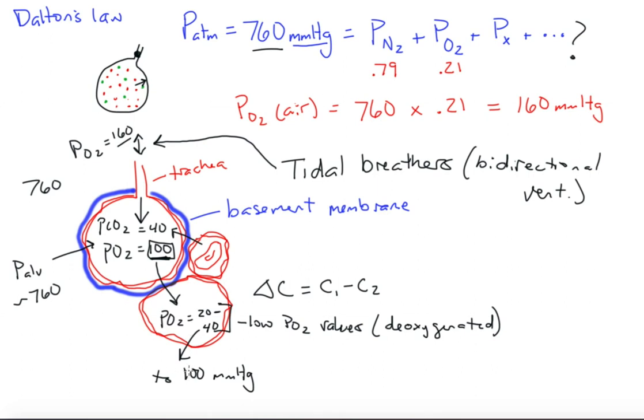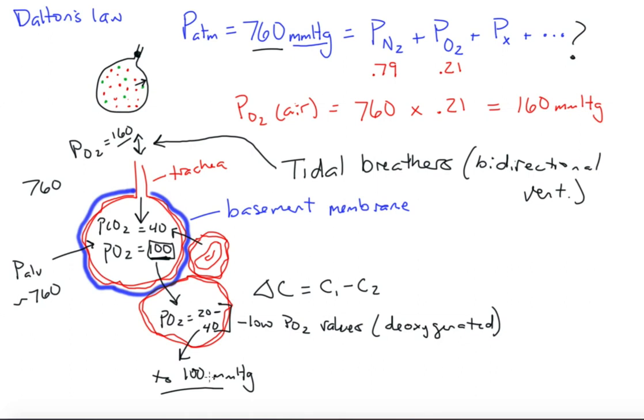And again, we'll find out in a subsequent video that at this 100 millimeters of mercury, at that pressure of oxygen in the blood, we are completely saturated. You essentially can't get more in, right? The hemoglobin is carrying essentially as much oxygen as it possibly can, right?